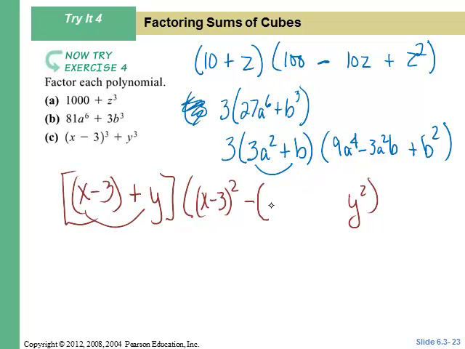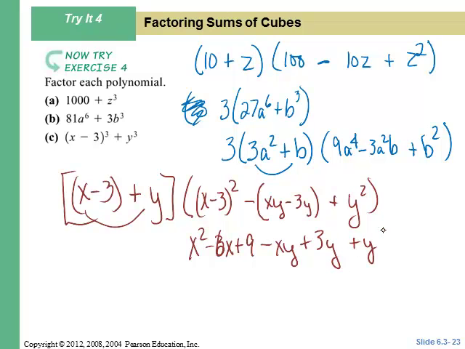Multiply this out. Xy minus 3y. And multiply this as x squared minus 6x plus 9 minus xy plus 3y plus y squared. x minus 3 plus y.